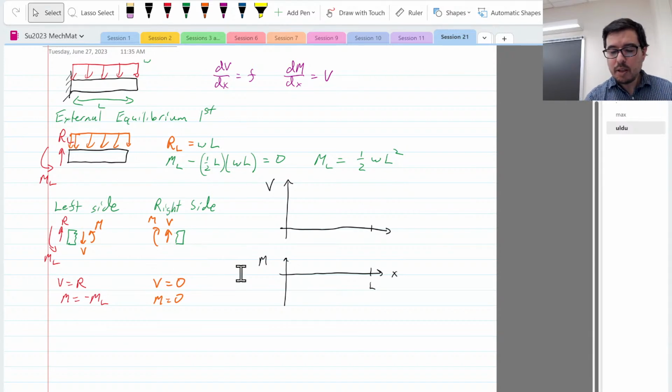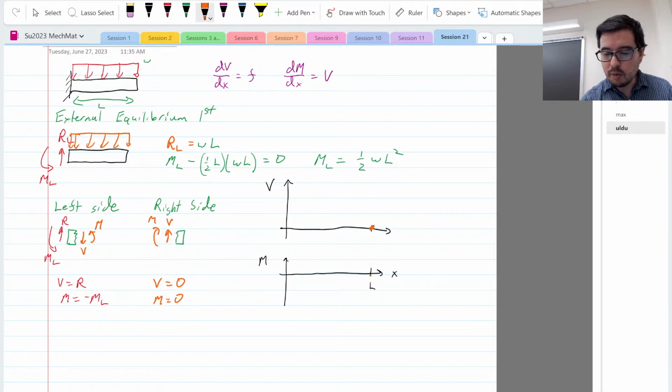We know that we have to end at 0 for both. And on the left side, we have V equals R, so R was just WL.